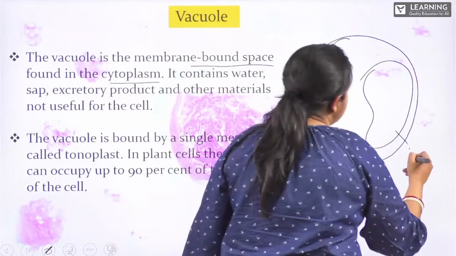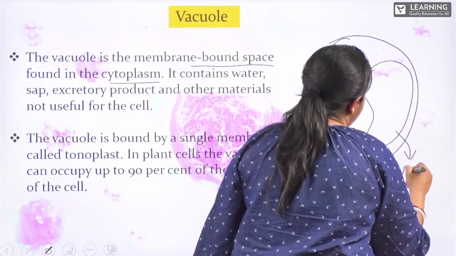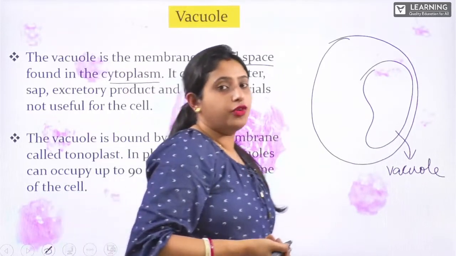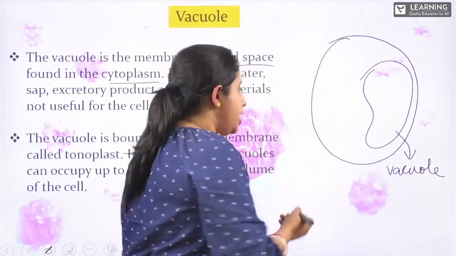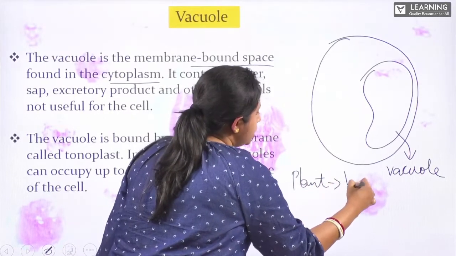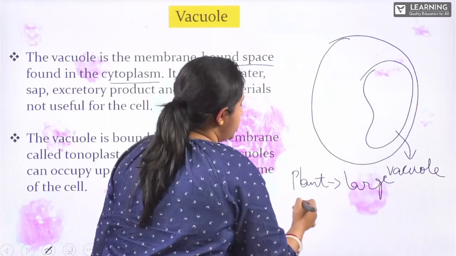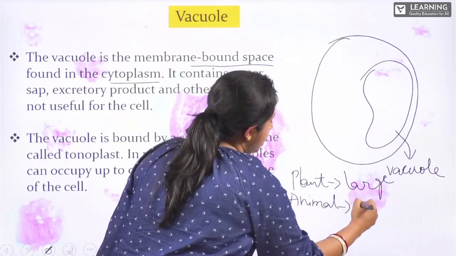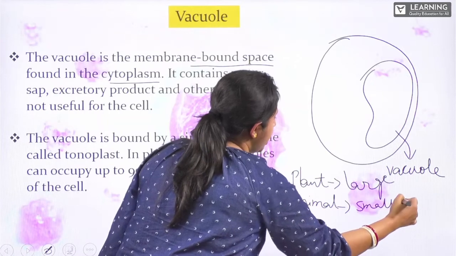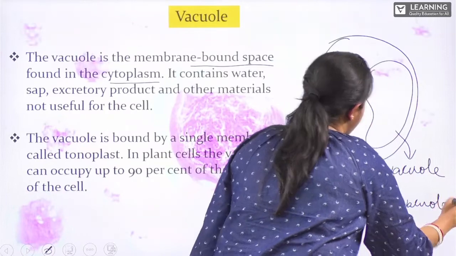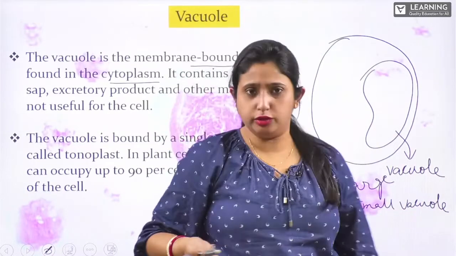In the case of the animal cell, they have small vacuoles.